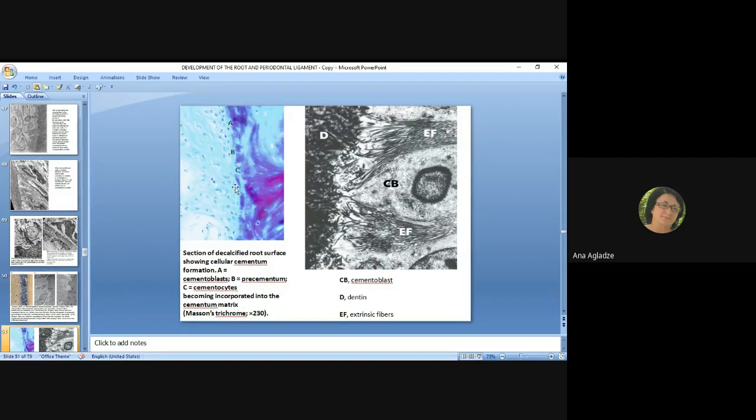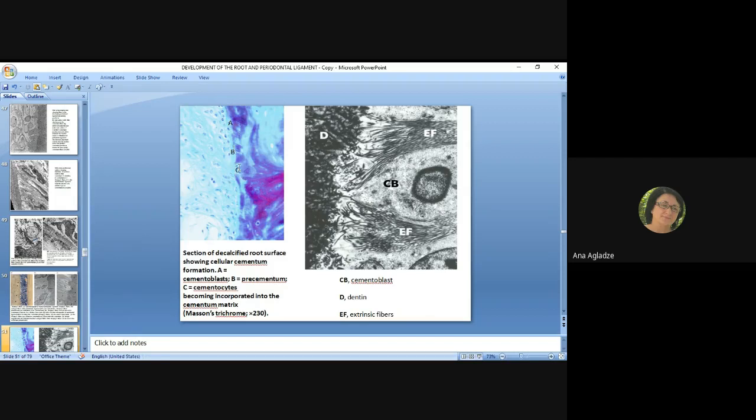Here you can see this is the decalcified root surface, which shows the cellular cementum formation. And here you can see the cementoblasts, these cells, and here you see the cementum, which is a structureless part and not yet mineralized.